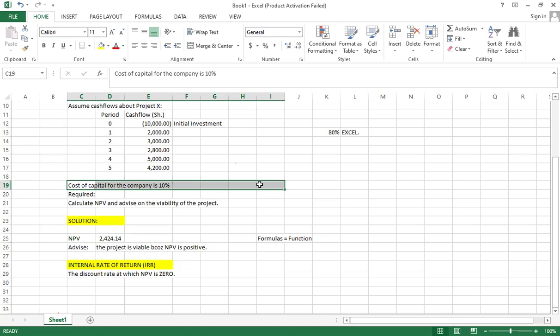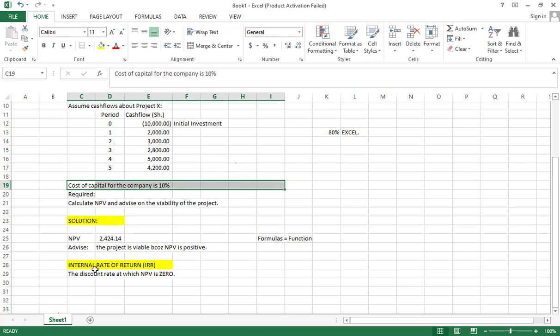Just like NPV, we use the internal rate of return to advise on a project's viability. When is a project viable using IRR?